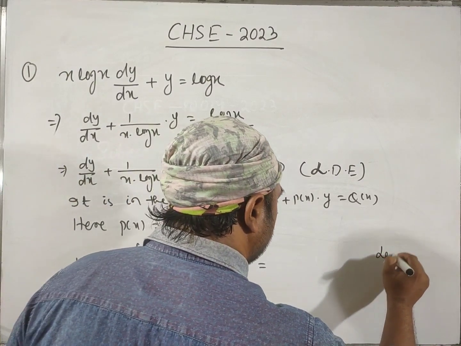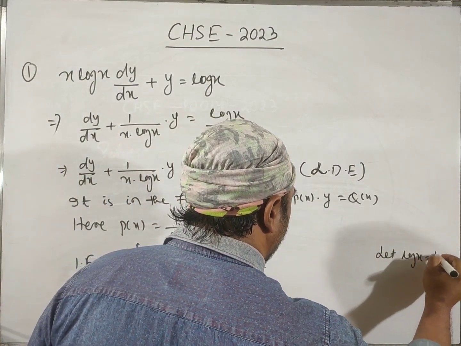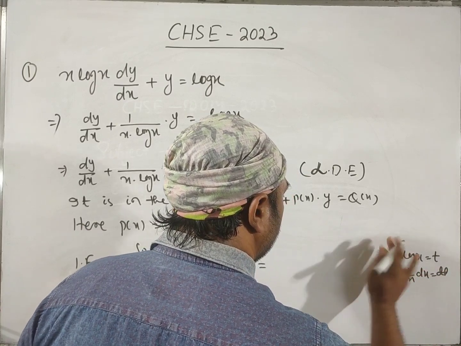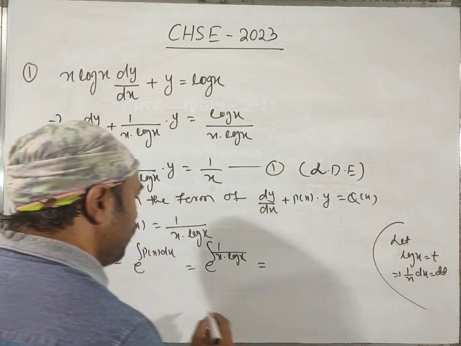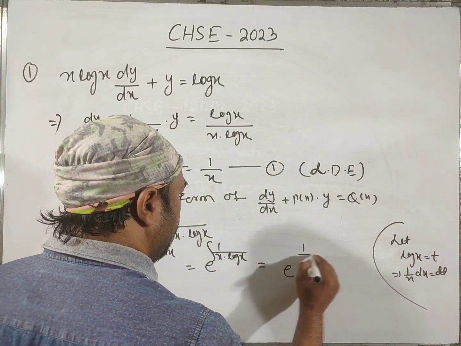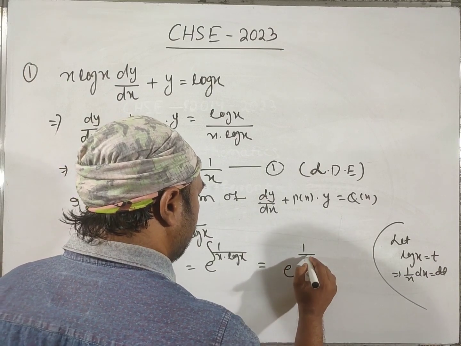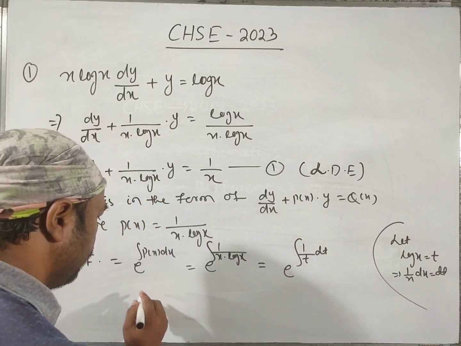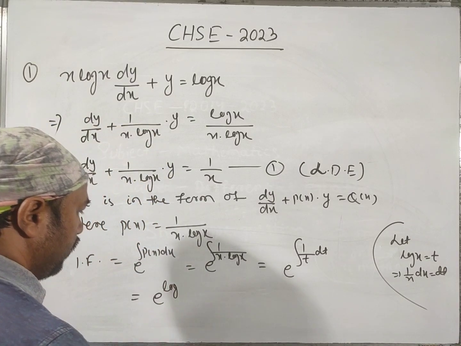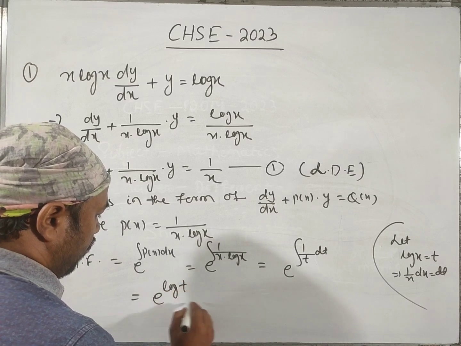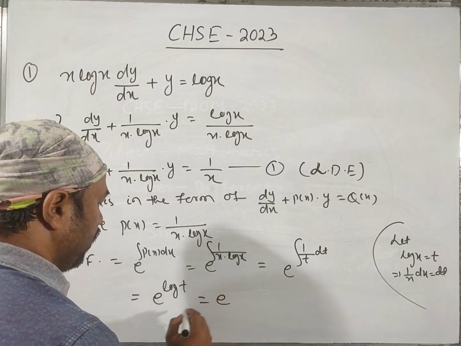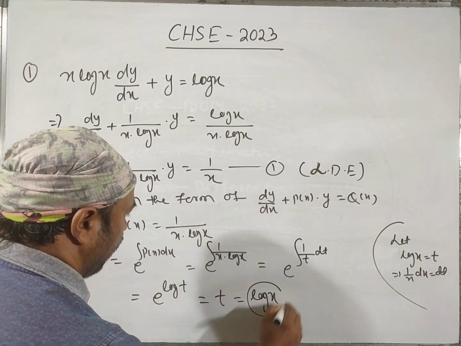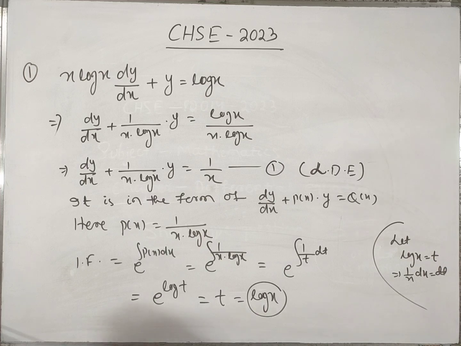Taking log x, let log x be equal to t, then 1 upon x dx is dt. So it will be e to the power integral of 1 by t dt, then it is log t. Then e to the power log t is t, that means it is log x. So the integrating factor is equal to log x.